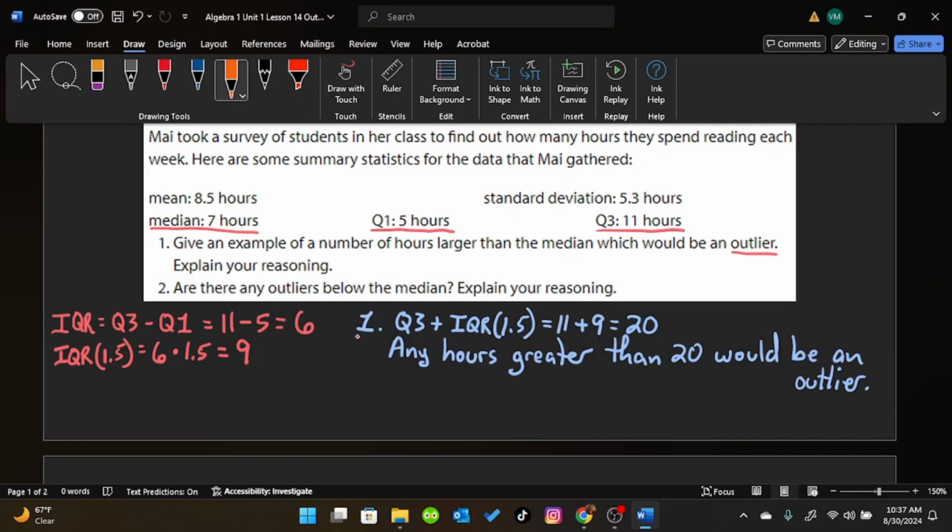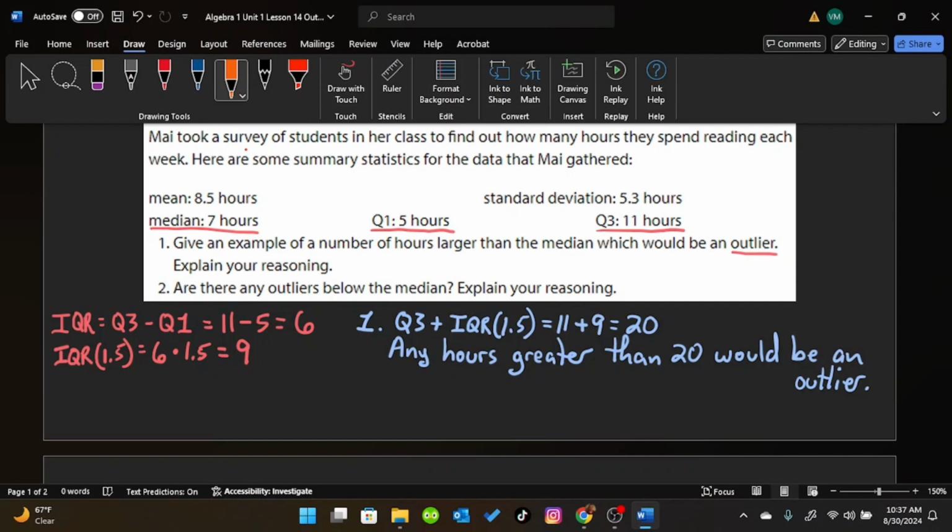Number 2, are there any outliers below the median? So if we're looking below the median, then that means we're going to subtract the IQR times 1.5 from the Q1.